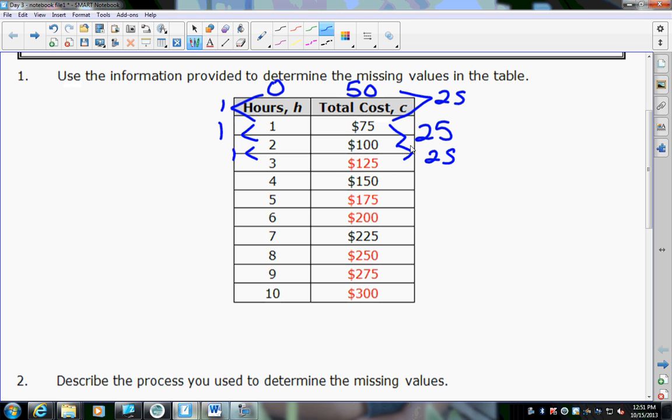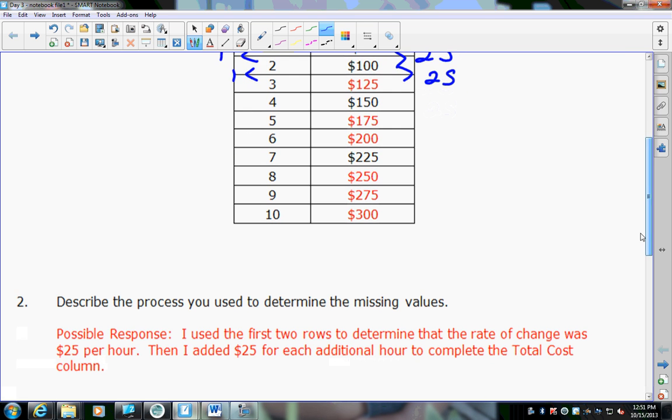We saw that as my Y's increased by 25, my X's increased by 1, and so we filled in my table. A possible response is that I used the first 2 rows to determine that the rate of change was $25 an hour, then I added $25 for each additional hour to complete the total cost. It's just saying that they want you to recognize that you're increasing by 25.